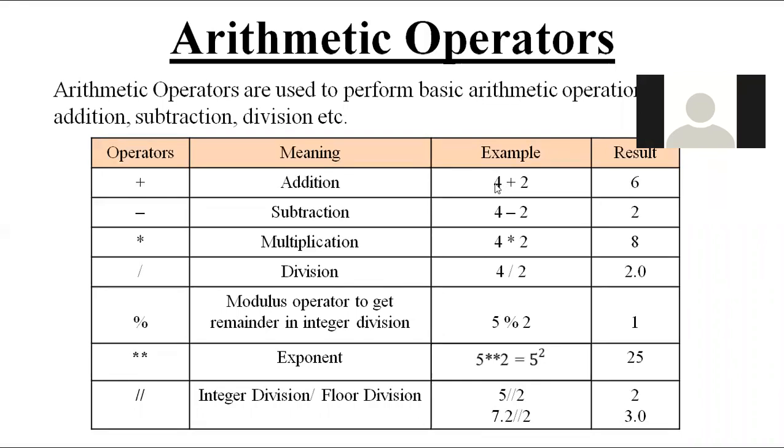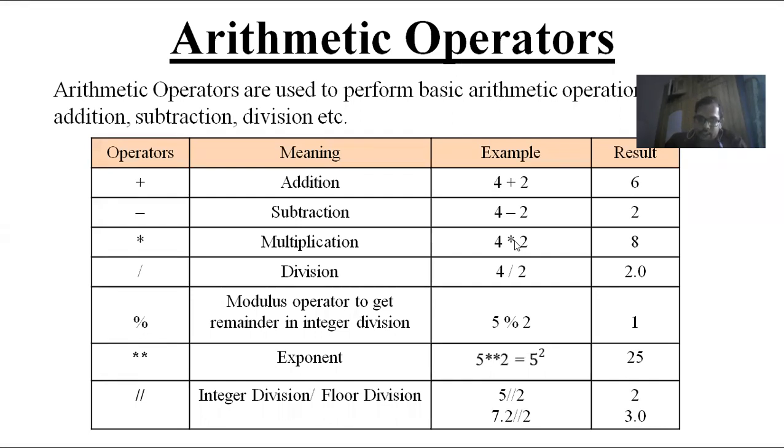So the first value is 4, then plus 2, the result is 6. Similarly, in case of subtraction, 4 minus 2, the result is 2. Then 4 multiply 2, the result is 8. Here you don't write the cross sign, because the cross sign is not given on the keyboard.